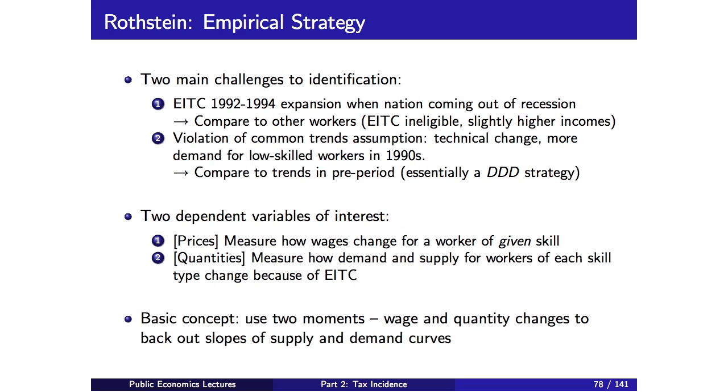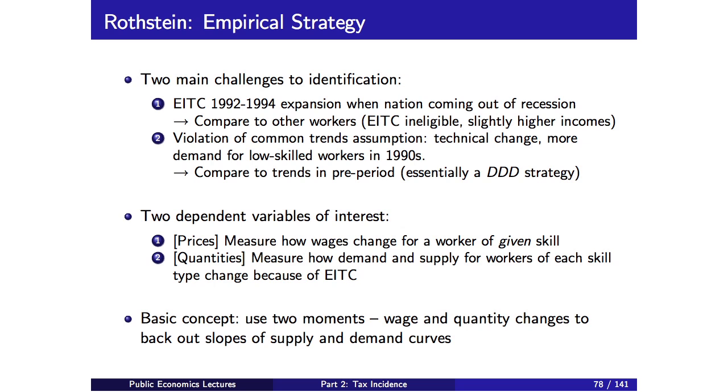There are 2 main challenges in identification. The first is that the EITC expansion occurred when the nation was coming out of a recession, the 91 recession. And so you can't do the pure time series, obviously, for that reason, for many other reasons. And so you compare to other workers like EITC ineligible or people with slightly higher incomes.